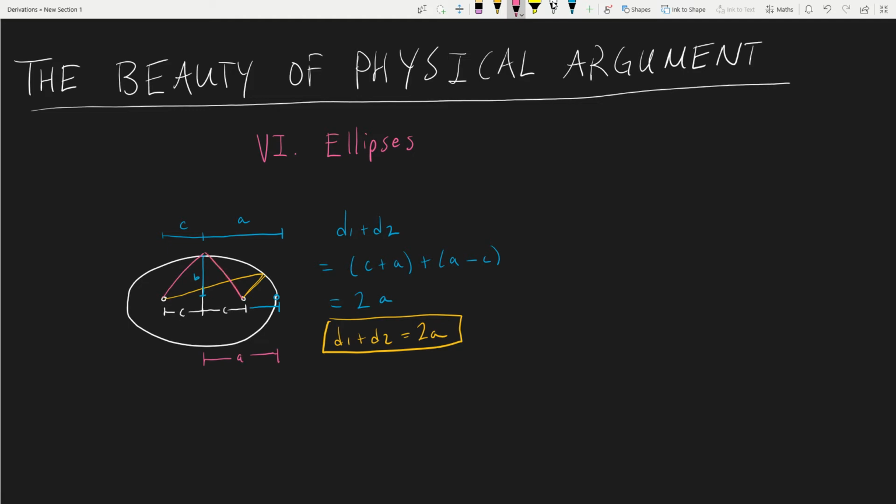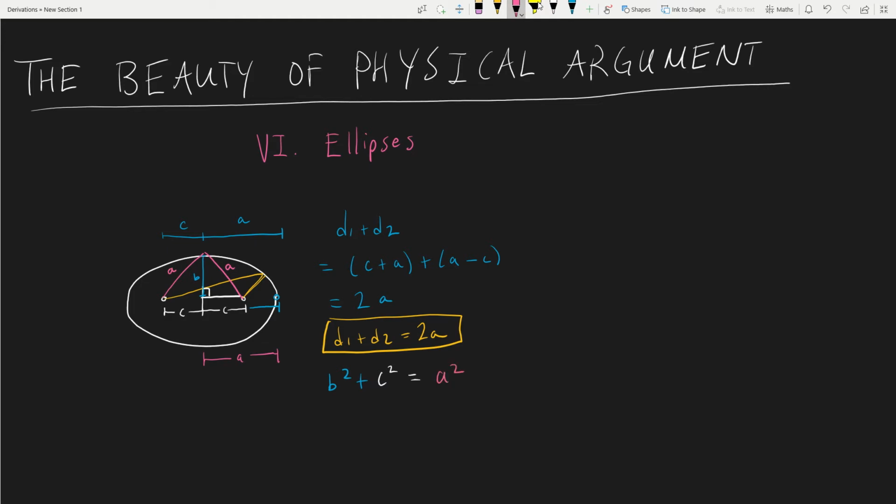I know the total length is equal to 2A, so you can deduce readily that this side length must be A and this side length must be A. If you look at a right triangle whose base is here, we have good old Pythagorean theorem. Let's do it in the colors. You get B squared plus C squared equals A squared.